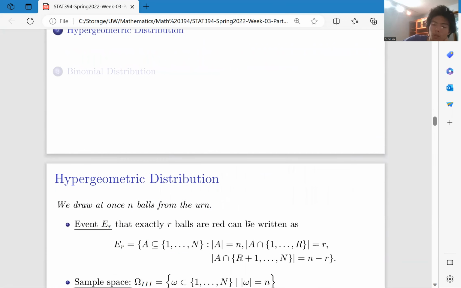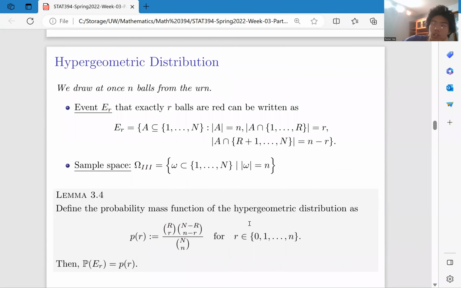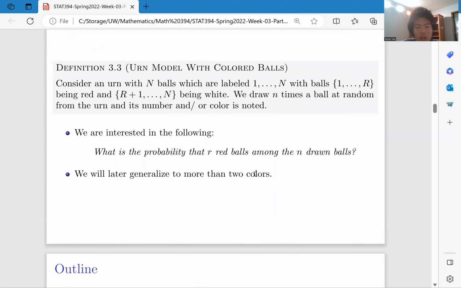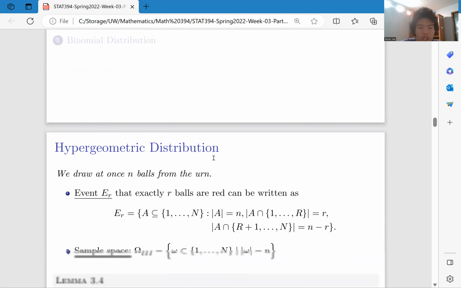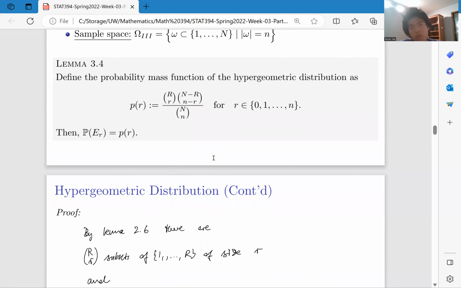So there are exactly 2 cases. The first case is draw without replacement, and the second is draw with replacement. But here I prefer to say it is draw without replacement, because we draw the balls out at the same time, so they are not replaced back. That's my deduction from the question asked.